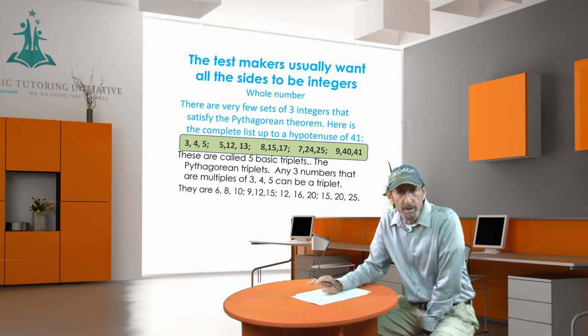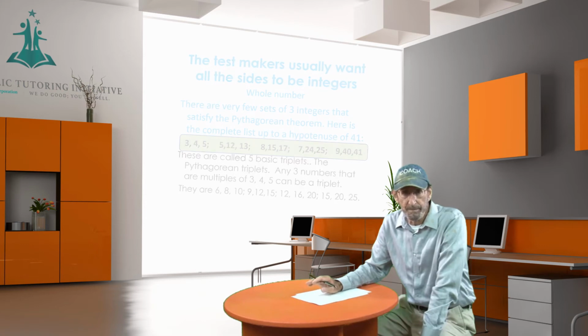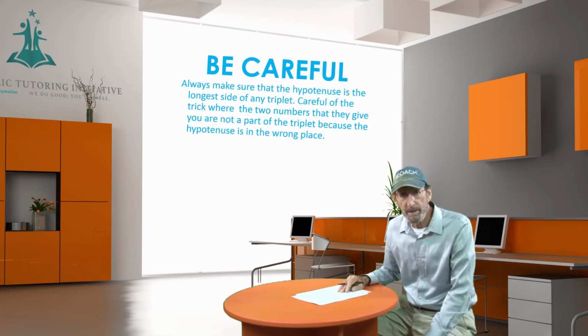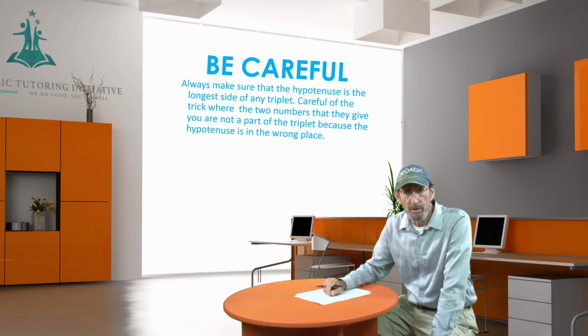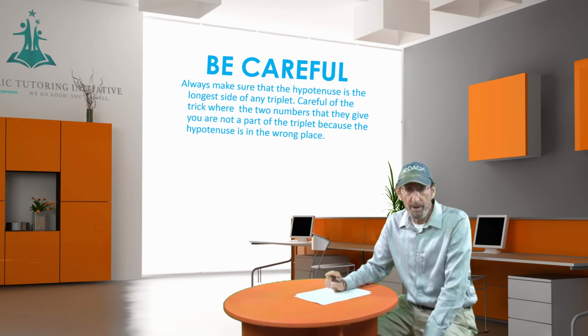If you learn them, you'll be able to simply write down the length of the third side of most right triangles. Okay, a word of warning now. Always make sure that the hypotenuse is the longest side of any triplet. Sometimes they'll try to trip you up and give you 2 numbers that are not part of a triplet because the hypotenuse is in the wrong place.